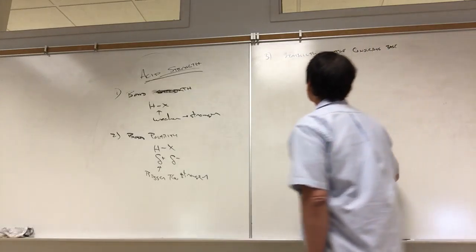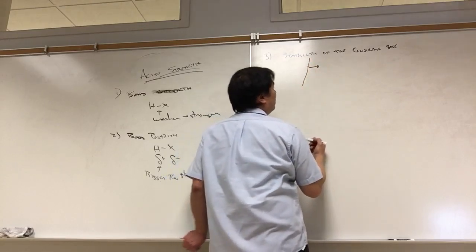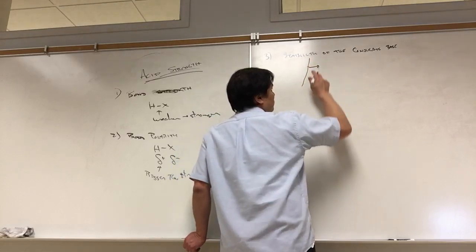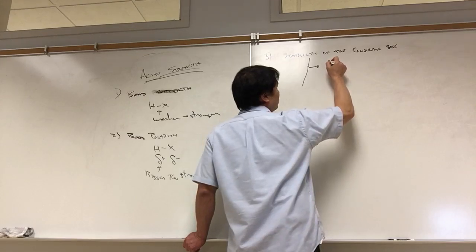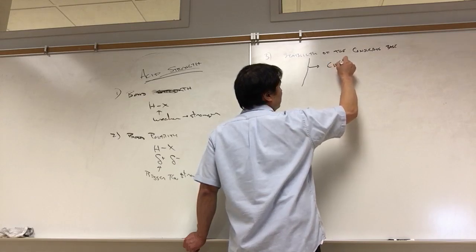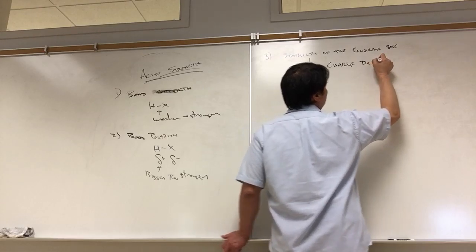The stability of the conjugate base is going to come from different influences. One would be the inductive effect. And so we'll say charge delocalization.